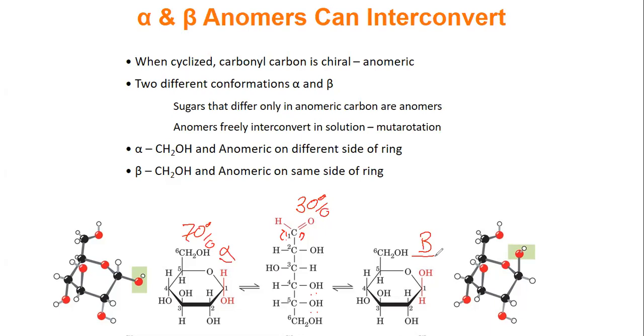So glucose isn't always alpha, glucose isn't always beta. There are definite preferences. Beta is more preferred for glucose. But yeah, I think that's right. I think beta is more preferred for glucose, but they can switch.